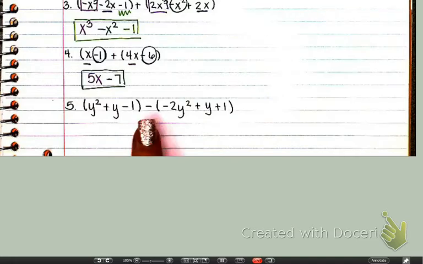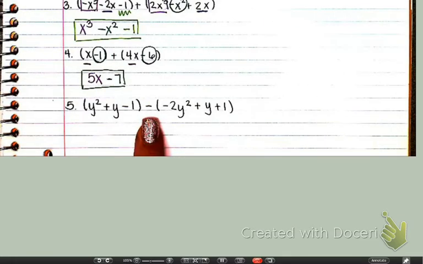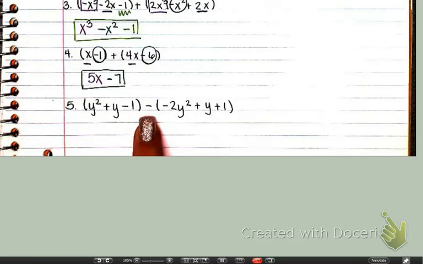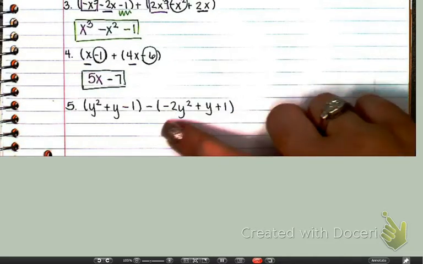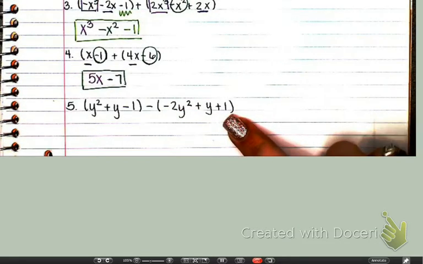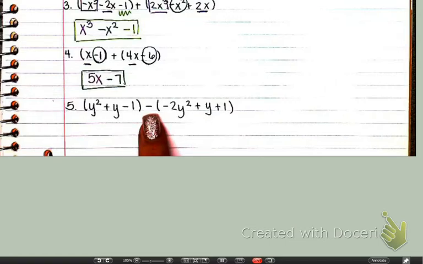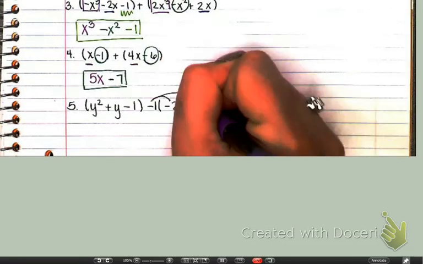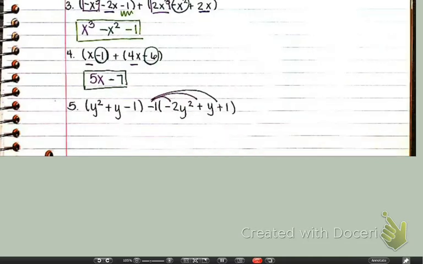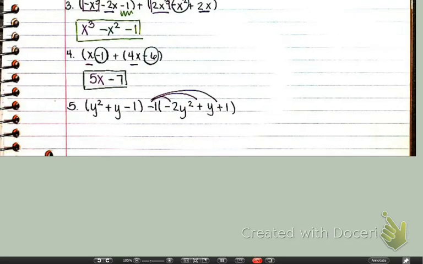In order to get rid of that negative or that subtraction sign, we have to distribute the negative to everything behind it. So we're changing the sign to everything behind it. Because what number is really attached to that negative? A 1. So we're distributing a -1 to all the terms behind it before we can add or subtract.